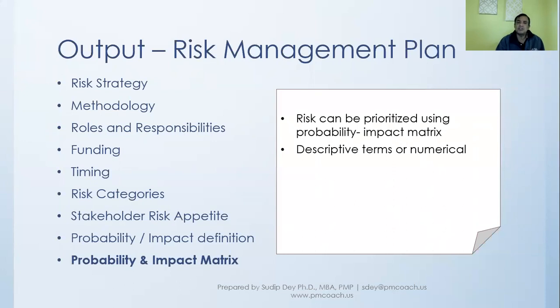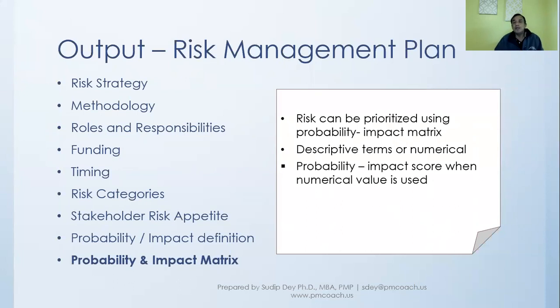The matrix can be in descriptive terms or in numerical terms. When we use numerical values, we create an overall score based on probability and impact. It is really the calculation of mathematical expectation, which we apply to determine the score that reflects the probability and impact.